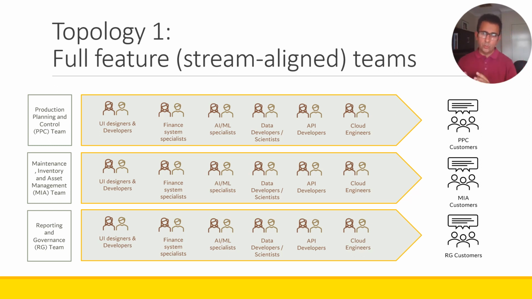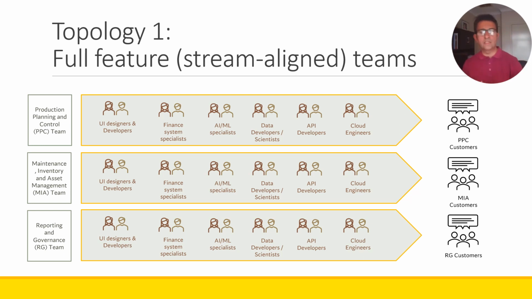And so, going back to our original problem, in that organization, manufacturing again, to remind everyone, we have production planning and control as one discipline, or one division in that organization. And we have maintenance, inventory, and asset management, briefly referred to as MIA, as another division. And then we have reporting and governance as the 3rd division. In this program of work, we need to deliver functionalities in each of these areas.